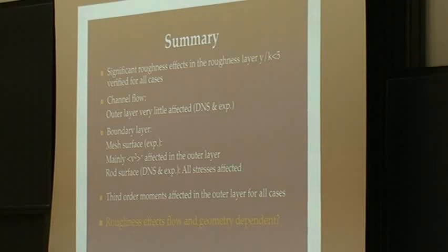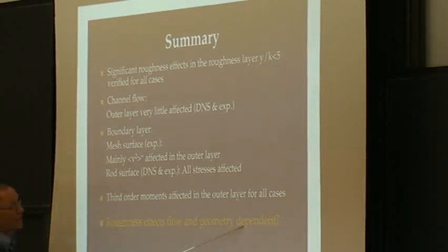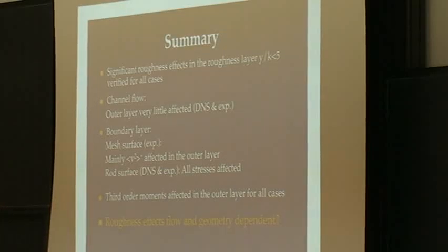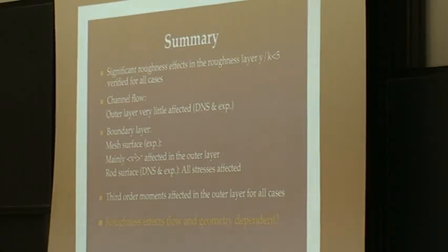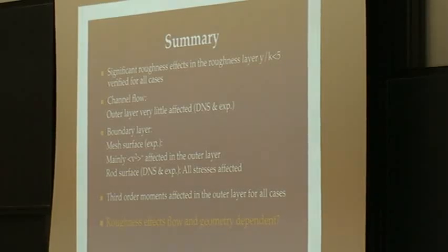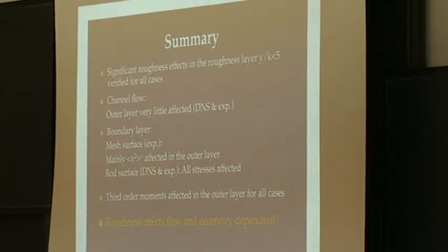So the open question, at least for me at the moment, is are the roughness effects dependent on the flow type, basically, or is it a question of geometry? And if I may suggest some experiments or investigations, I think that some people should look at D-type roughness in more detail than has been done before.